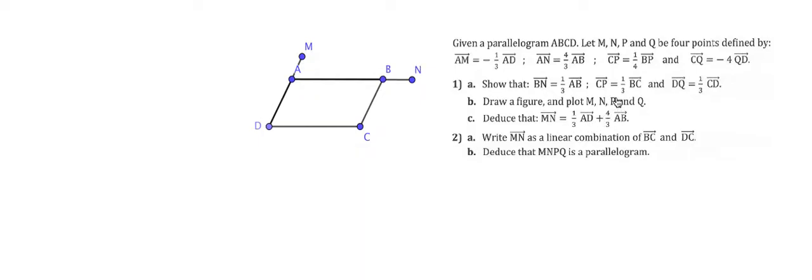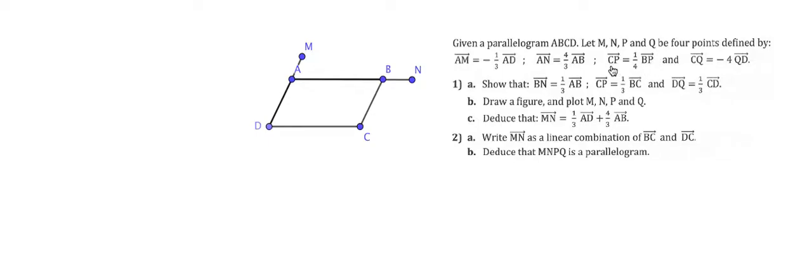Next, plot point P. Vector CP equal a quarter vector BP. Here, the unknown point is found on the right and the left side.